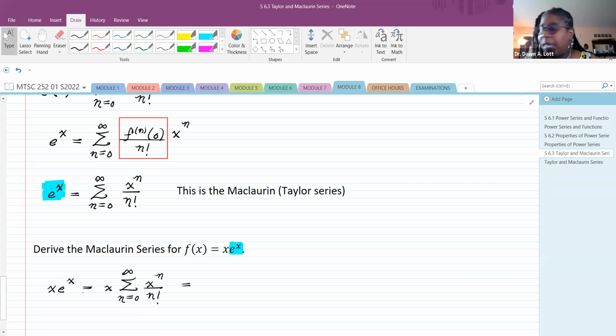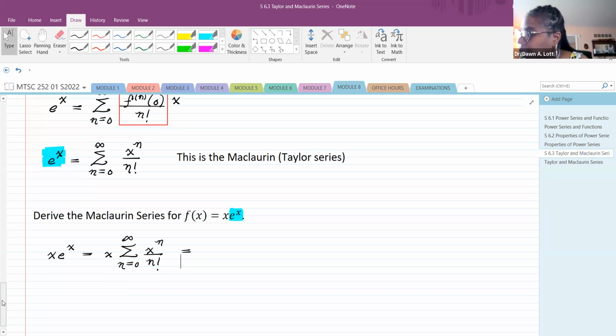And since x doesn't have any n's in it, I can move it inside the summation and get the sum n equals 0 to infinity of x to the n plus 1 divided by n factorial.